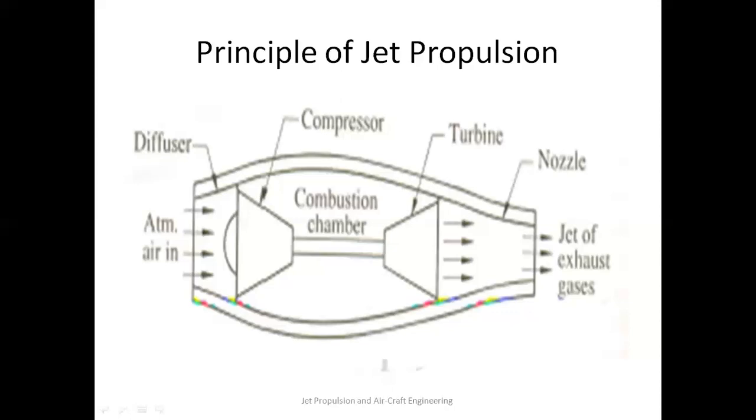The gases that exit the turbine at relatively higher pressure and temperature are subsequently passed through the nozzle, so that the gas with increased velocity comes out into the atmosphere in the form of a jet, and its reaction in the opposite direction gives the propulsive force to propel the aircraft, as you can see in the diagram.